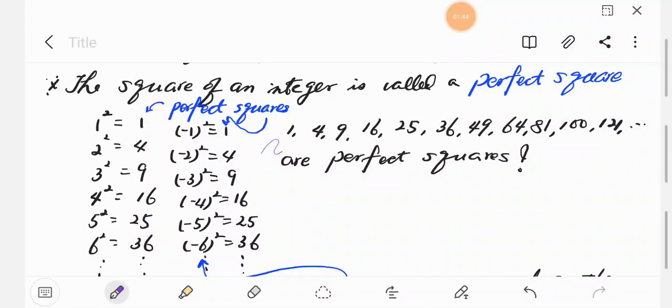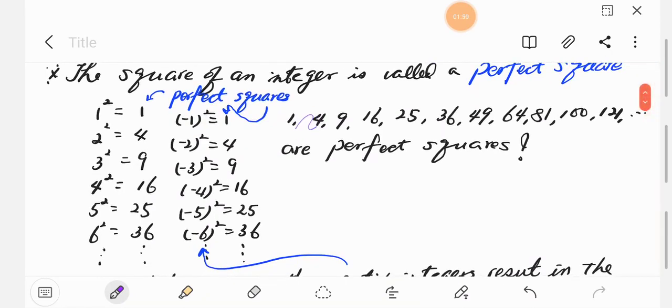So these are all perfect squares: 1, 4, 9, 16, 1 squared, 2 squared, 3 squared, 4 squared, 5 squared, and so on. There are infinitely many.